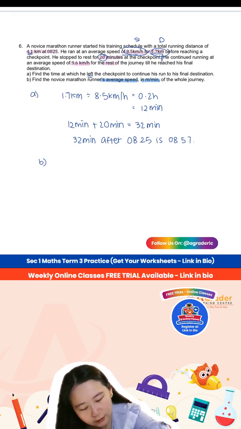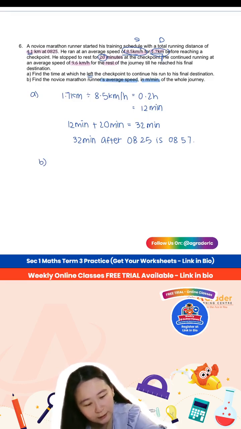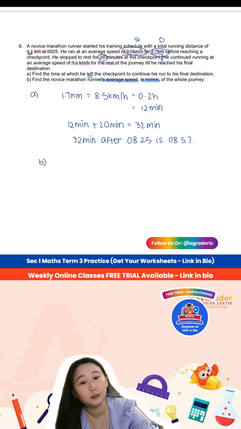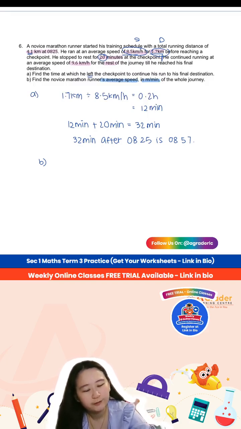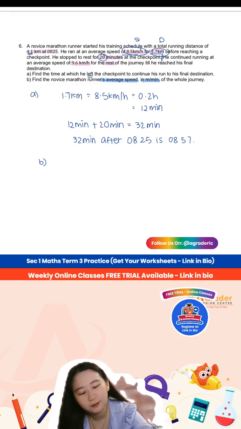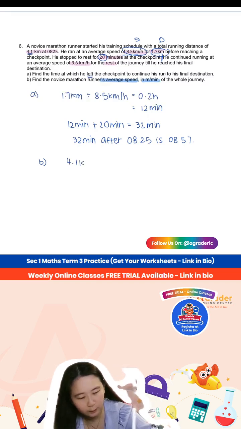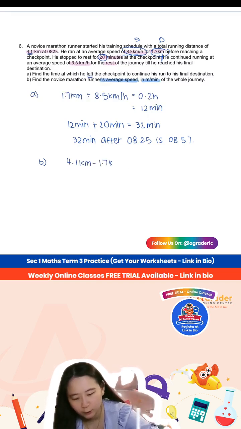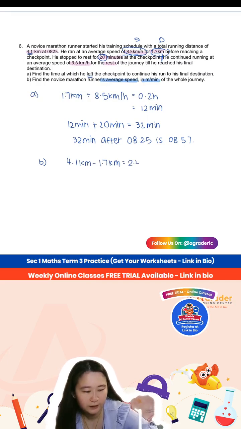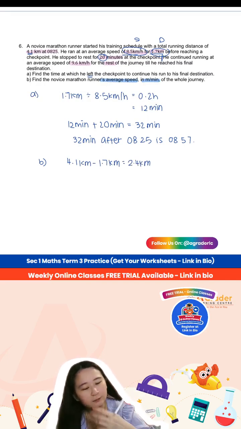We know the total distance is 4.1 km and he ran 1.7 km already. So with that we can find the distance of the rest of the journey. So 4.1 km minus 1.7 km will give us 2.4 km.